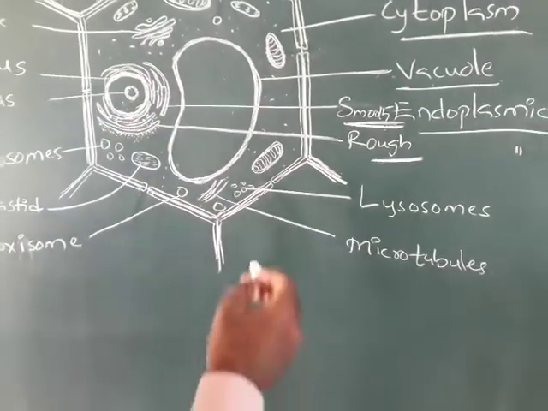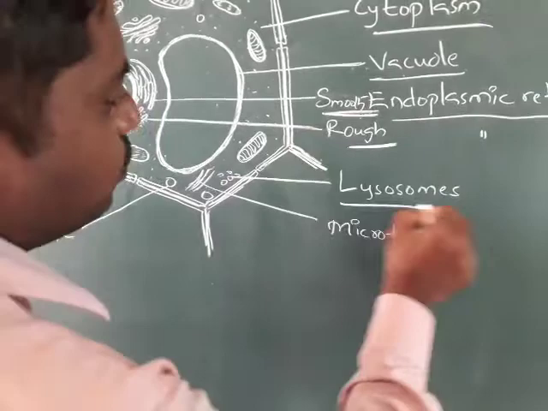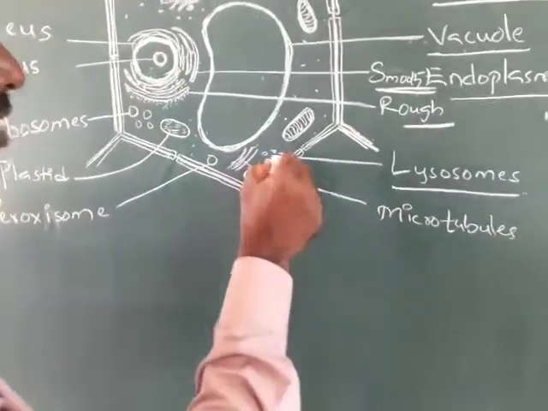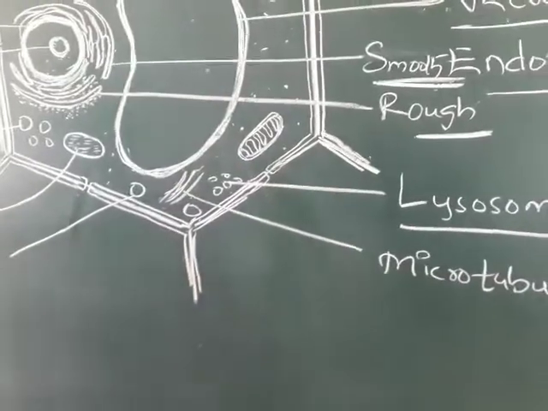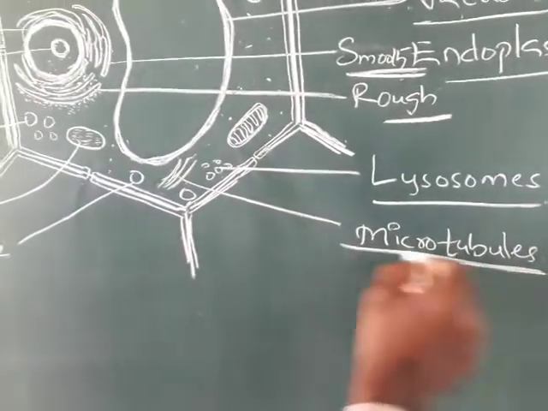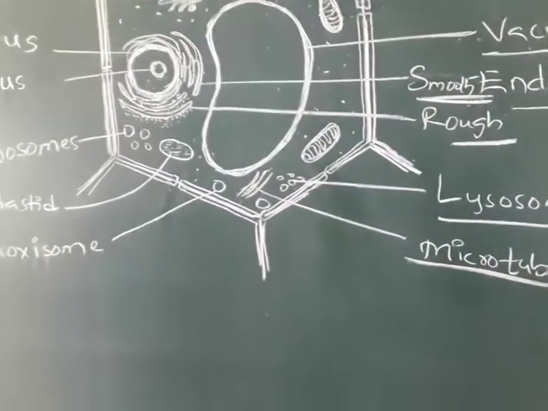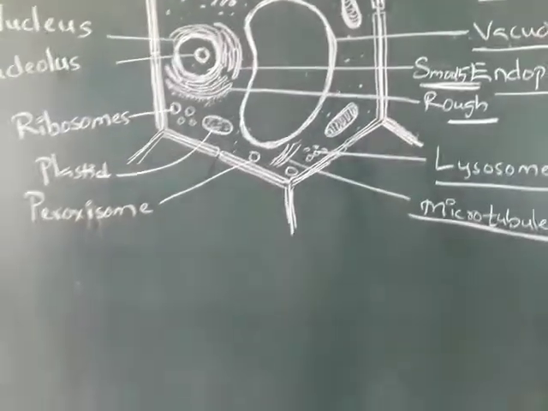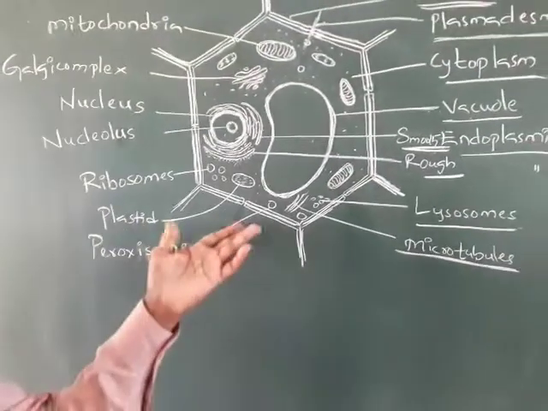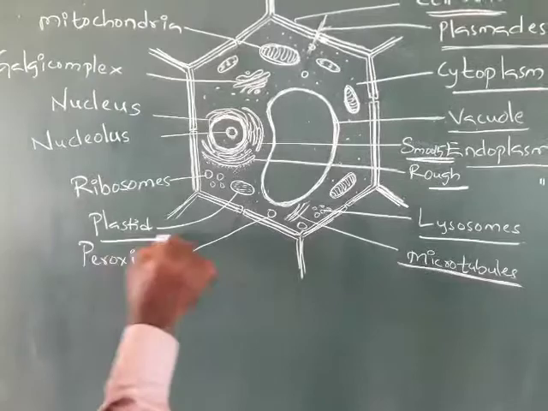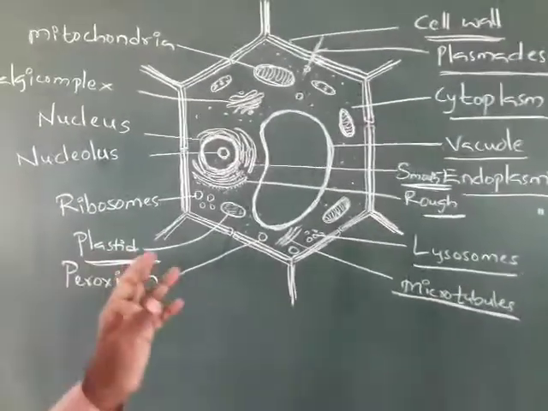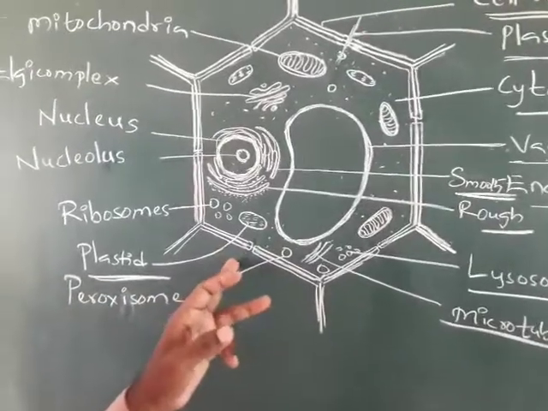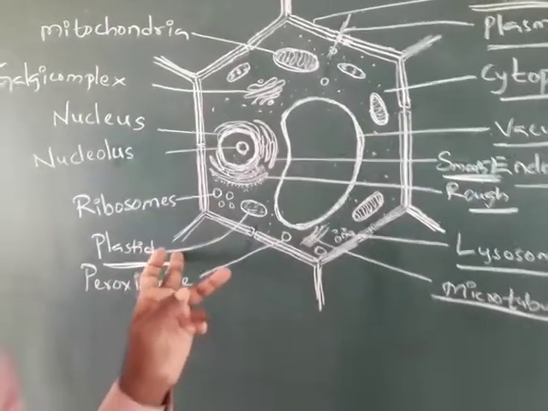And another organelle, the lysosomes. Lysosomes are present in the eukaryotic cell, and microtubules, peroxisomes and plastids are also present. These plastids are present only in plant cells and are absent in the animal cell.